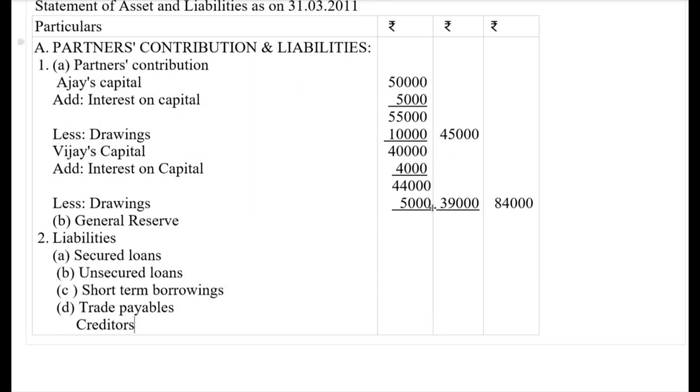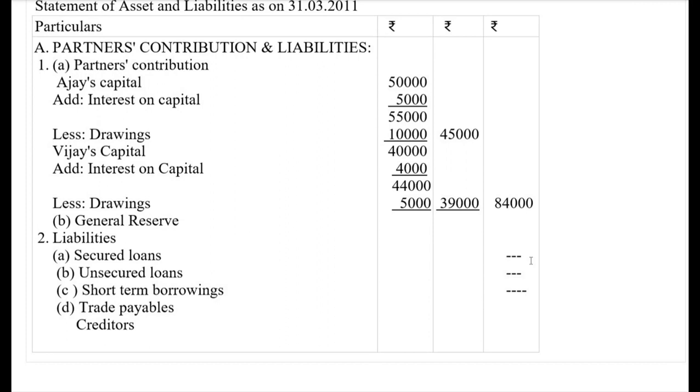So now here we'll go for working out this. So secured loans, they are nothing here. So directly I will write here itself, as there are nothing here. Then secured loans are not there. Then similarly unsecured loans are not there. Then short-term borrowings are not there.